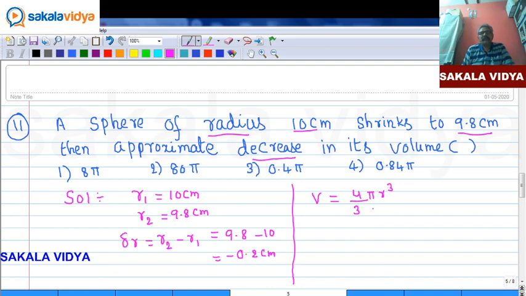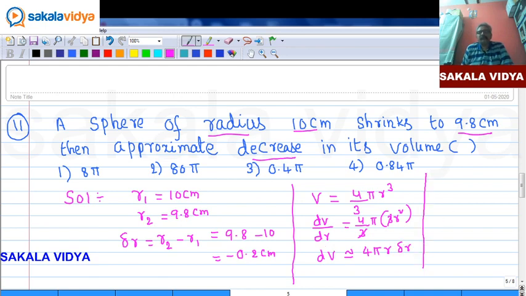So now differentiate with respect to r, you get dV by dr equals to 4 by 3 pi into r cube, differentiation is 3r square. So 3 gets cancelled, multiply dr that side. So that means decrease in dV approximately equal to 4 pi r delta r, because delta r is approximately equal to dr. Now the dV approximately equal to 4 pi into r.